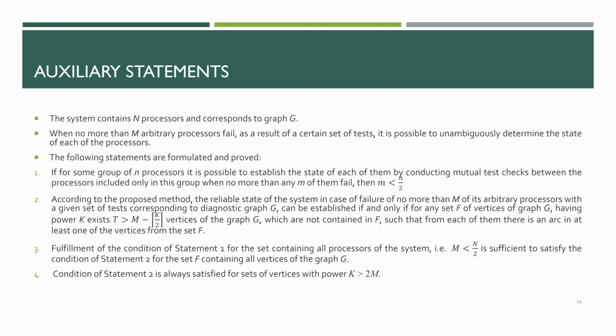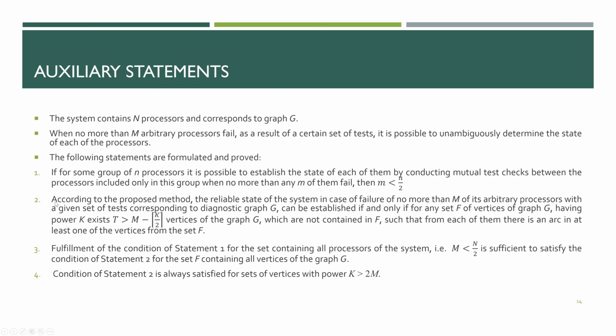The first statement: if for some group of n processors it is possible to establish the state of each of them by conducting mutual test checks between the processors included only in this group, when no more than any m of them fail, then m is less than half of their number. So m is less than n divided by 2.